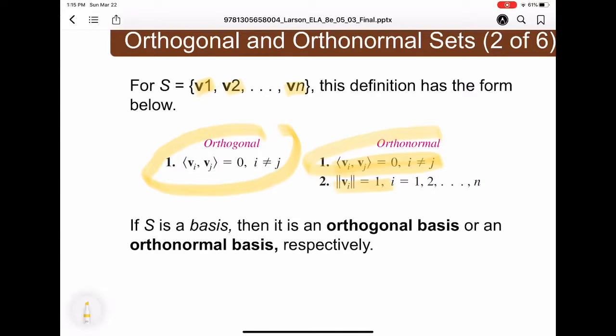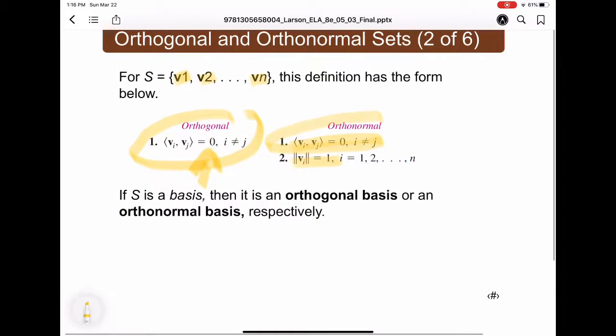When you work with bases, we really want to have orthonormal. From this definition, you can probably guess that in order to get orthonormal, at first you need to get orthogonal, because once you have orthogonal, the first condition is satisfied. Then to get unit vectors, you just divide each vector by its norm.